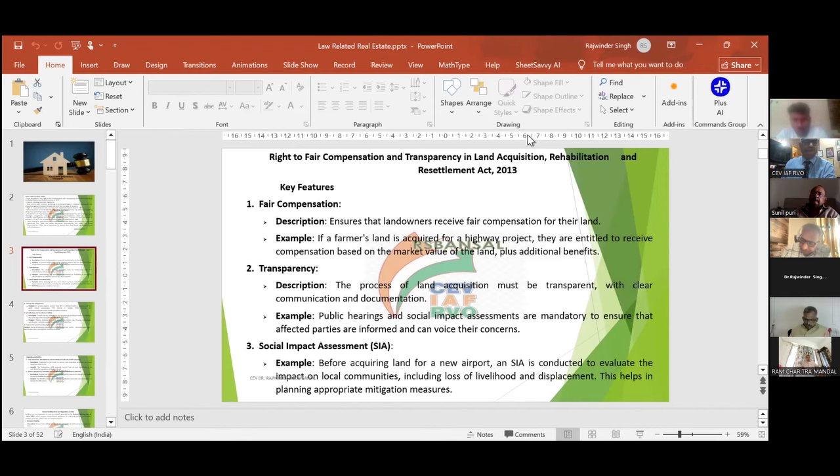So, why is this social impact assessment done? This is done to help in planning appropriate mitigation measures. So social impact assessment is done so that appropriate mitigation measures are taken or planned.